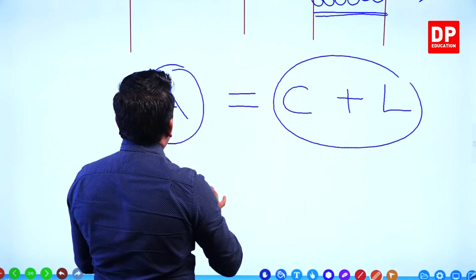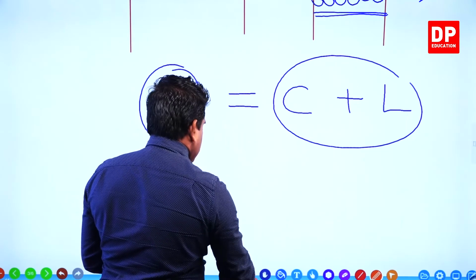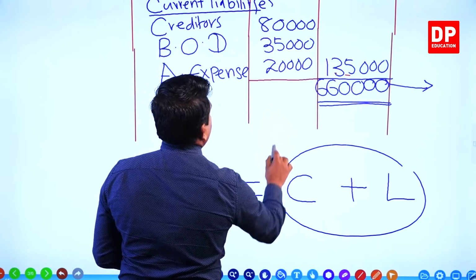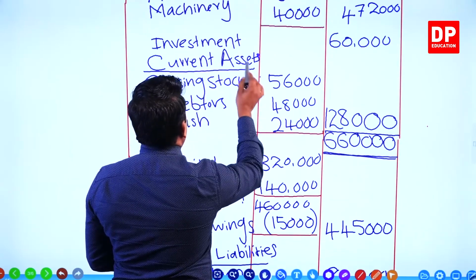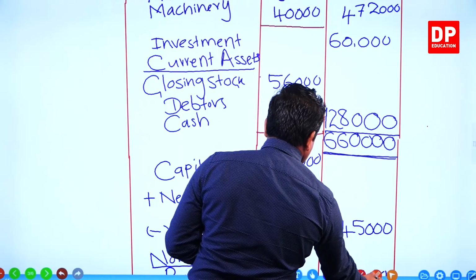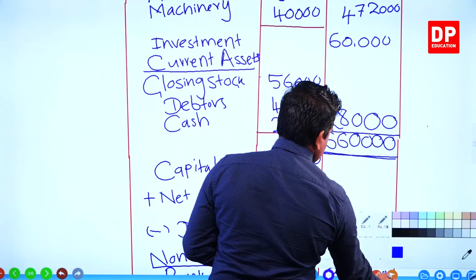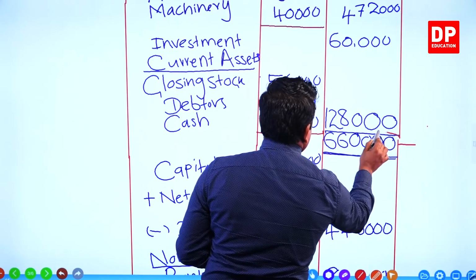Now, the same theory you can see in the statement of financial position. Assets how much? We classify them current and non-current, but total assets how much? Total assets 660,000 in this question.